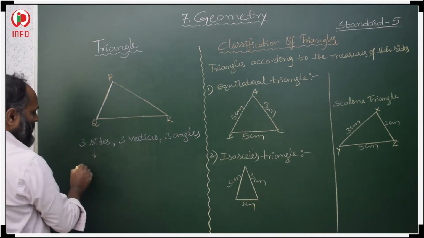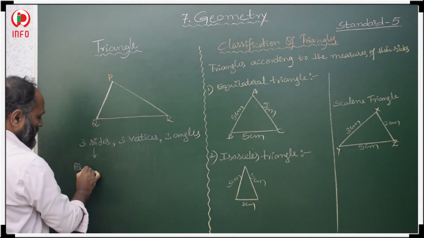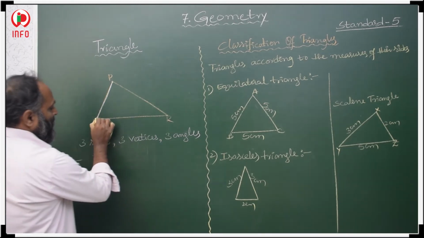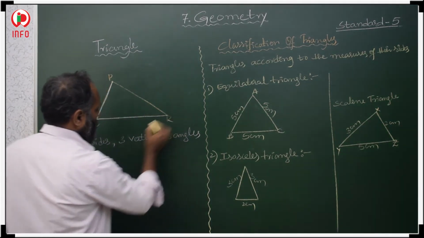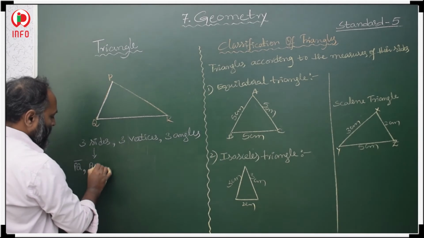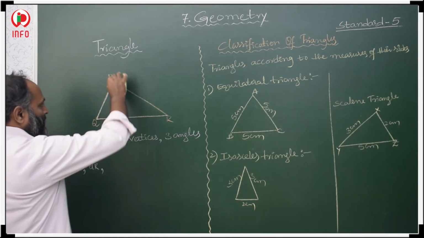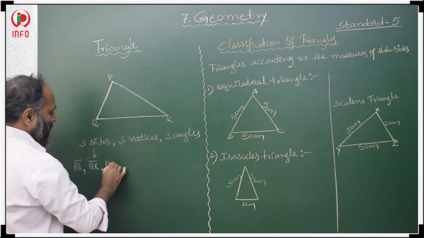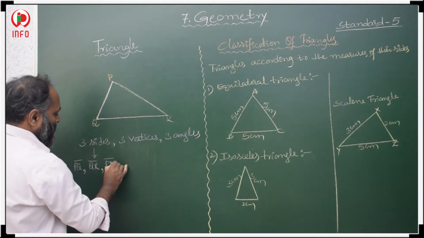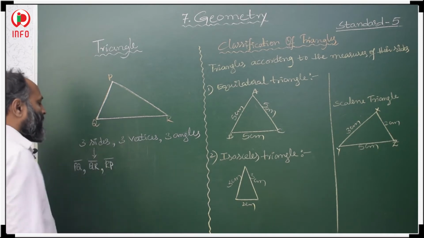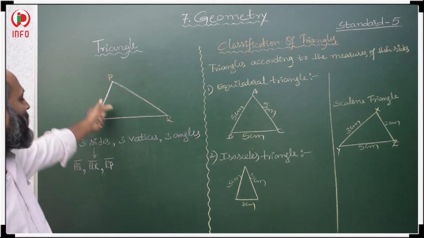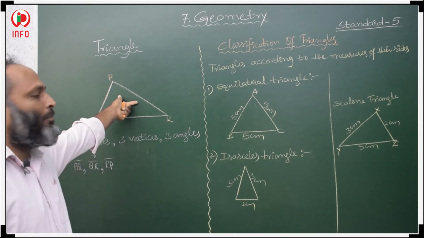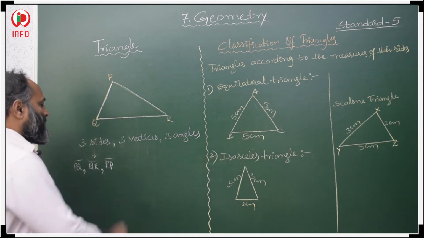The second side is QR. Next, RP is the third side. These are the 3 sides of a triangle: PQ, QR, and RP.